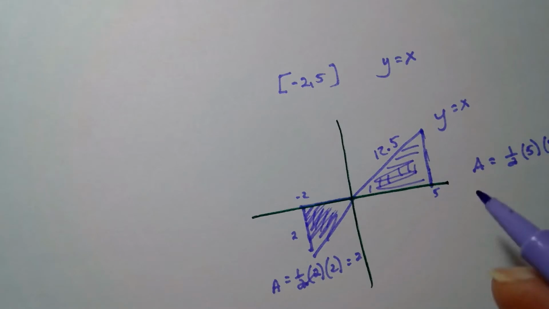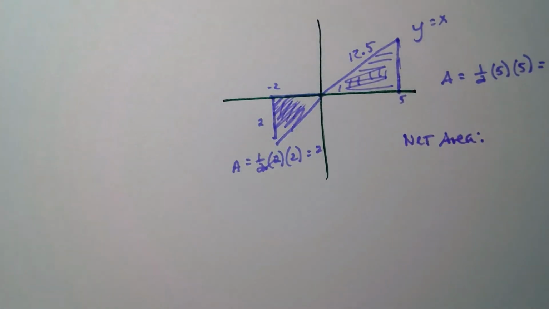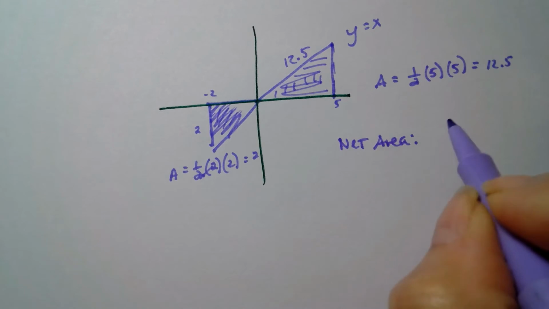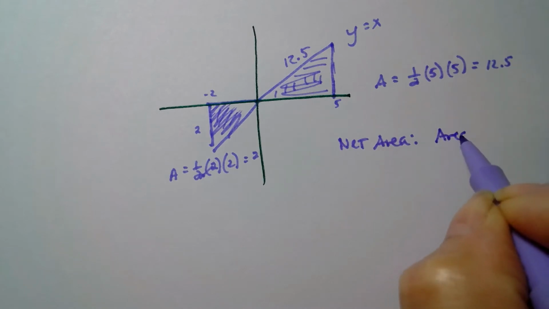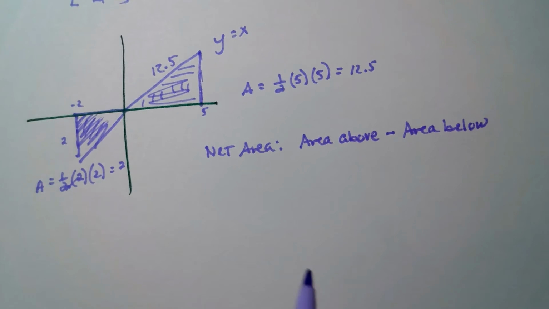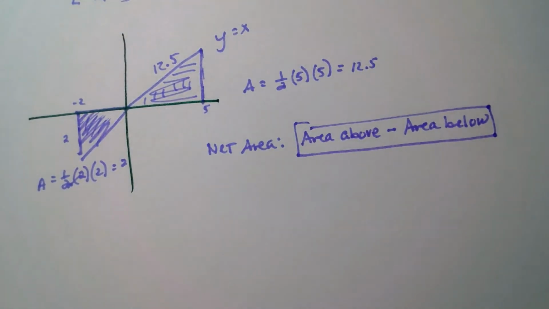So to find the net area, it's always: net area is equal to area above minus area below. Area above minus area below. That would be the net area.